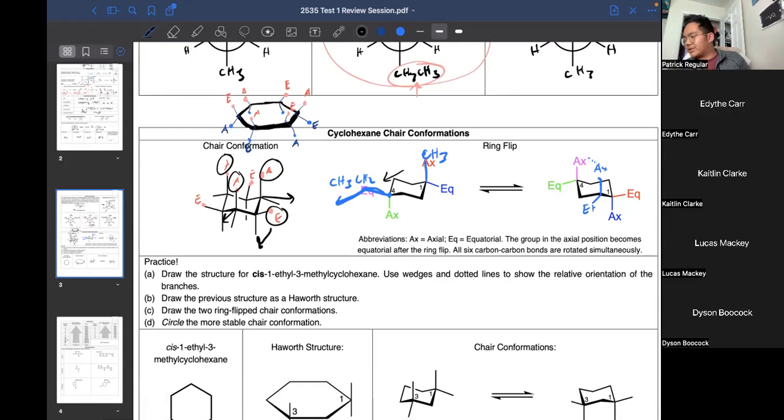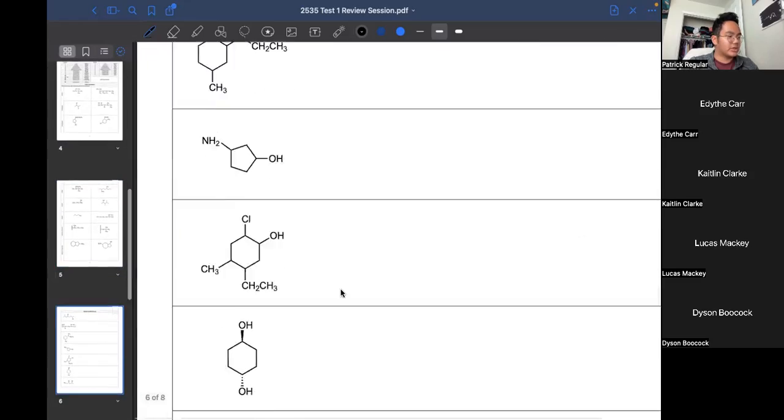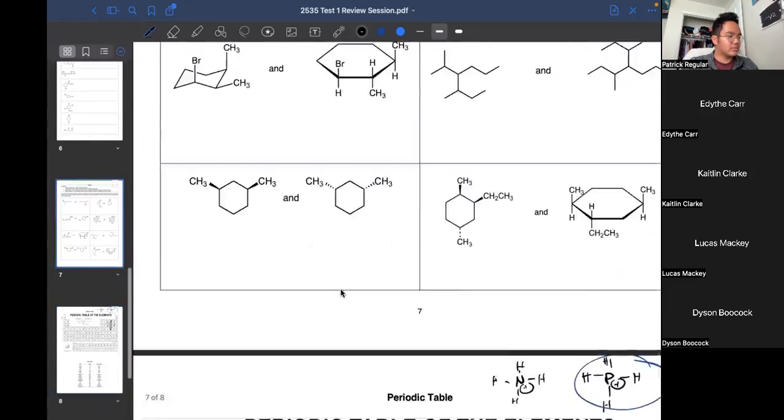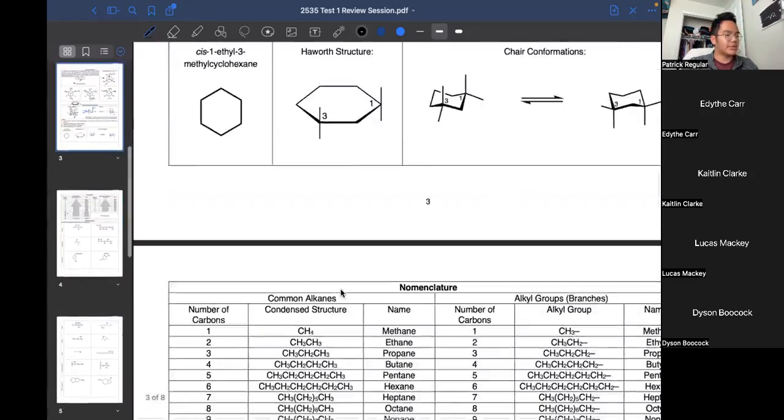Do you guys want to save this for the end so that I can make a ring structure and we can work on that at the end? Or do you guys just want to make it now? Probably save it for the end because this is a pretty big concept. The last parts are just nomenclature and then isomerism.